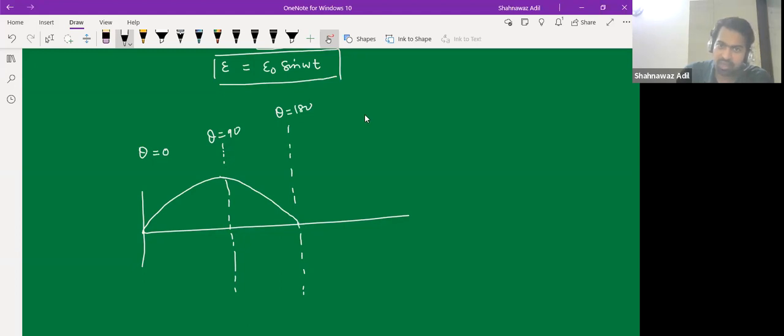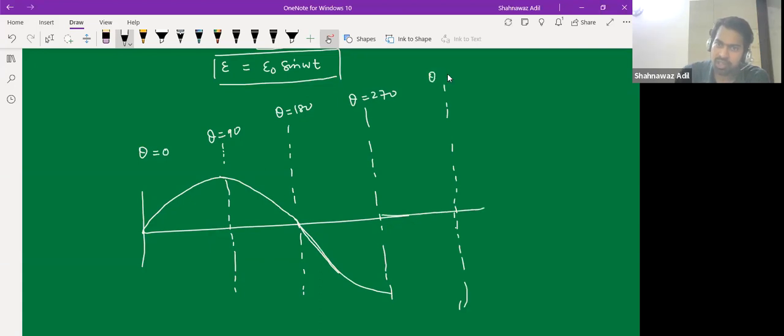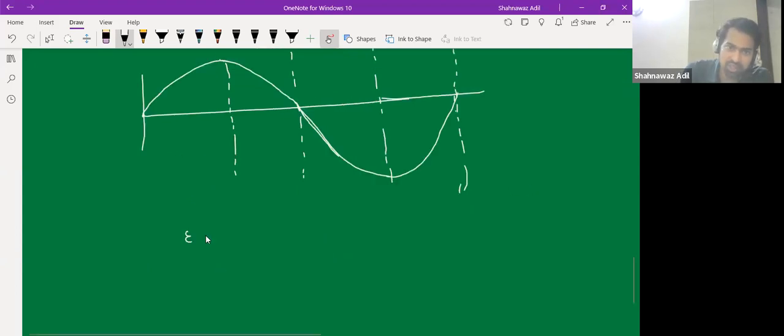And then when my theta became 270, this was in the minus, right? And then I got the full rotation. So this theta is 360. Then again I got the zero, right? So this is how my voltage EMF is changing.